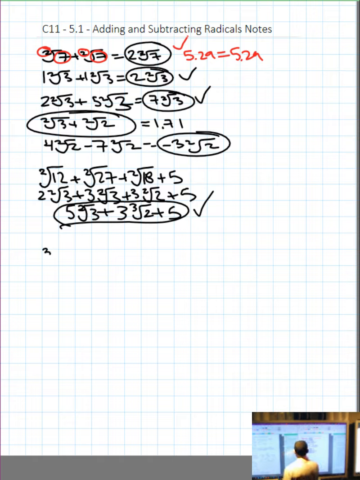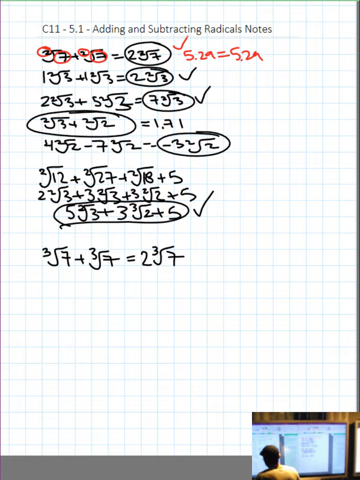Cube roots. Cube root 7 plus cube root 7. Not this again. Well, we have 1 cube root 7 plus 1 cube root 7, so that's equal to 2 cube root 7. Below that, cube root 5 plus cube root 5 equals 2 cube root 5. Just add or subtract the coefficients if they're like terms.